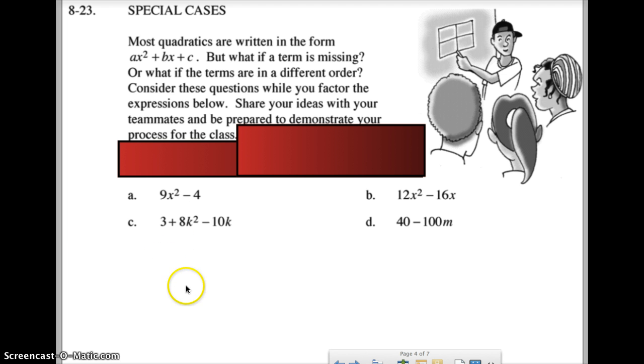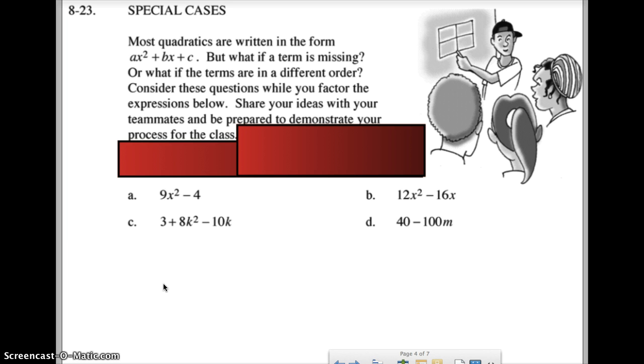That doesn't mean that you're going to put zeros in for these numbers. What that means is the sum of these two boxes in your upper left and your bottom right has to be 0. It still has to have a product of negative 4 times 9x squared, which is negative 36x squared. So you have to have a product of negative 36x squared on your diamond problem and a sum of 0.